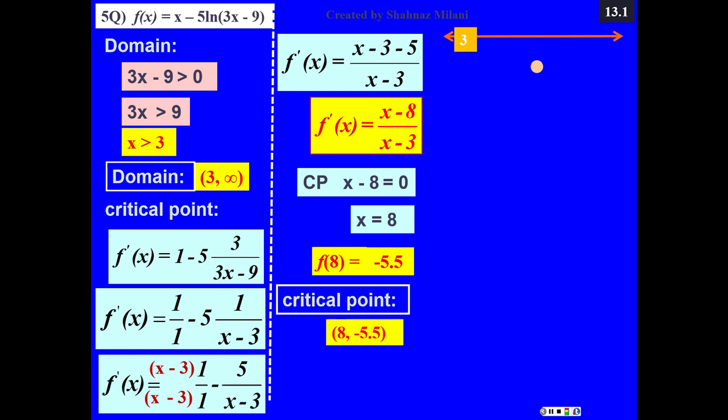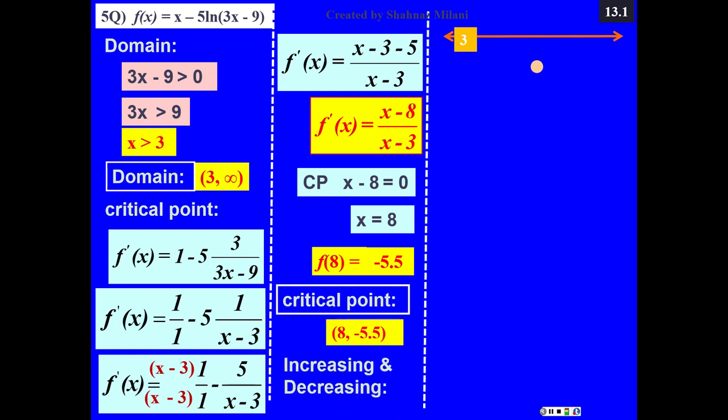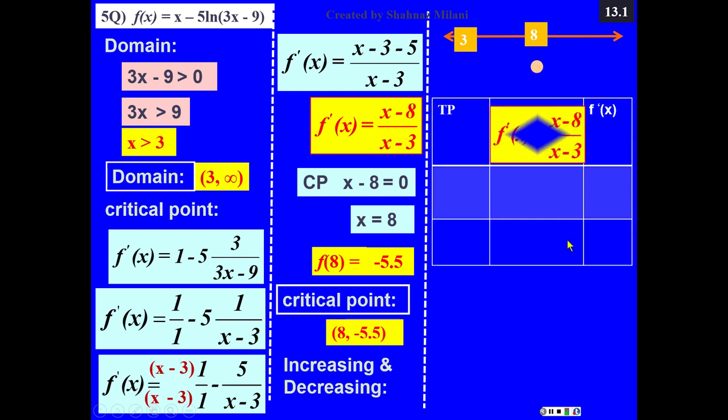Now, I need to find the increasing and decreasing. For that, I'm going to first label my critical point on my line. Then, I have to go to the testing points on the first derivative.